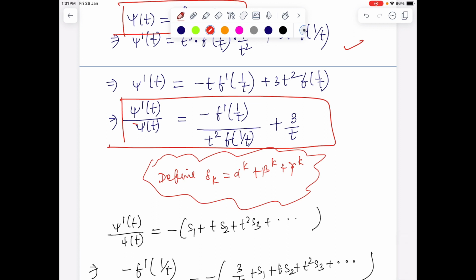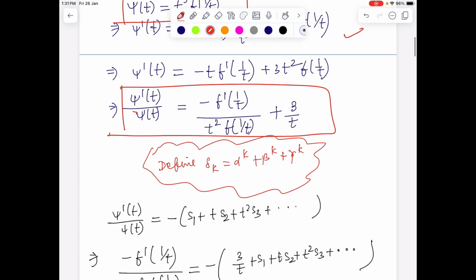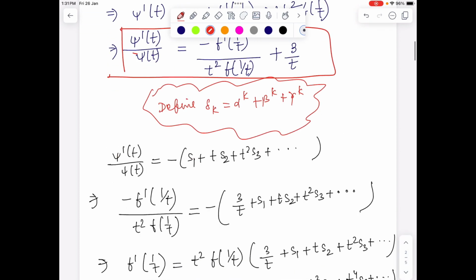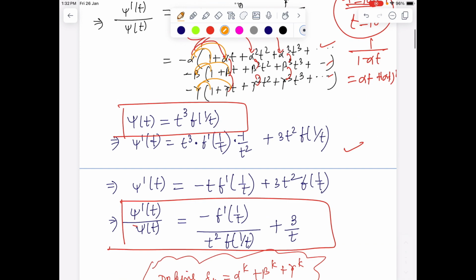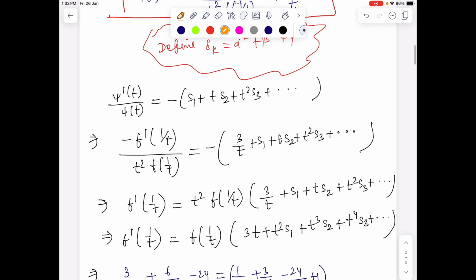Just to make things more crisp and shorthanded, let's define s_k as alpha^k plus beta^k plus gamma^k. Putting all these equations together, the RHS can simply be written as, from here, minus alpha minus beta minus gamma, minus alpha square minus beta square minus gamma square, and so on and so forth. So the RHS boils down to minus s1, minus s2 t, minus s3 t square and so on and so forth.